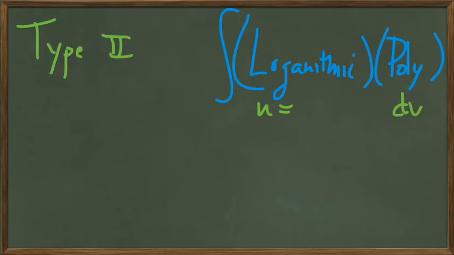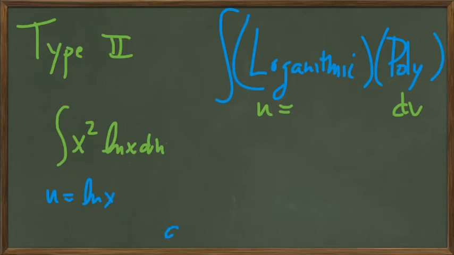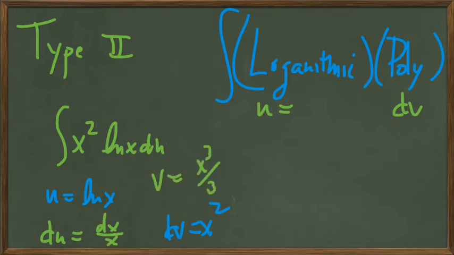So we look at example 3 on page 164, the integral of x squared ln x dx. We're going to let u be ln x, and dv would be x squared, and when we compute the du, we get dx over x, and we compute the v by integrating and get x cubed over 3.